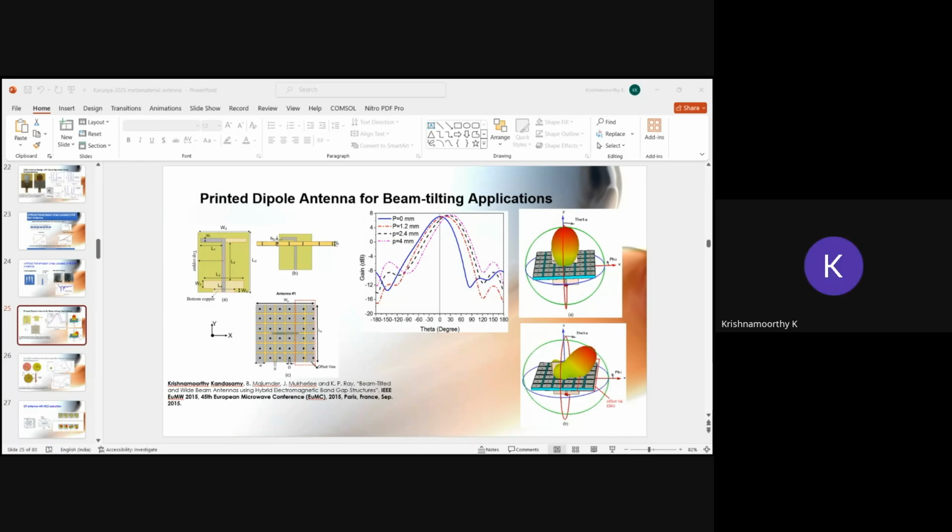As I showed in the first slides, the metamaterial introduction. If you change the electrical length of any metamaterial structure, then you can shift the effective parameters, the negative epsilon and negative mu values, to different frequencies.